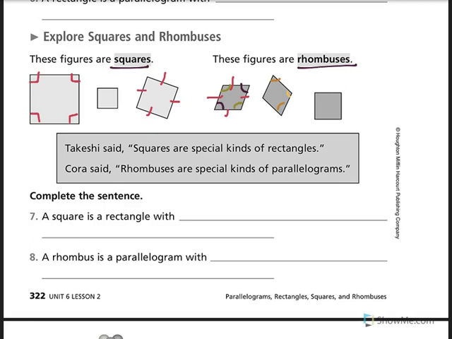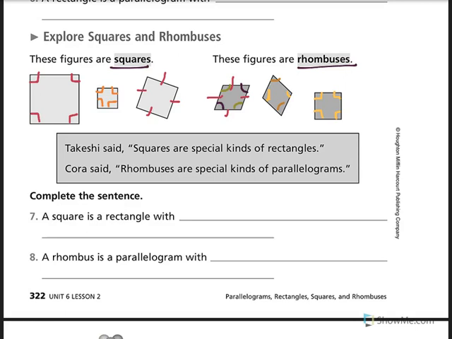Take a minute and think about it. Here it says, Takeshi says squares are special types of rectangles, and Cora says rhombuses are special kinds of parallelograms. So now both of these things are true, and squares are also rhombuses.